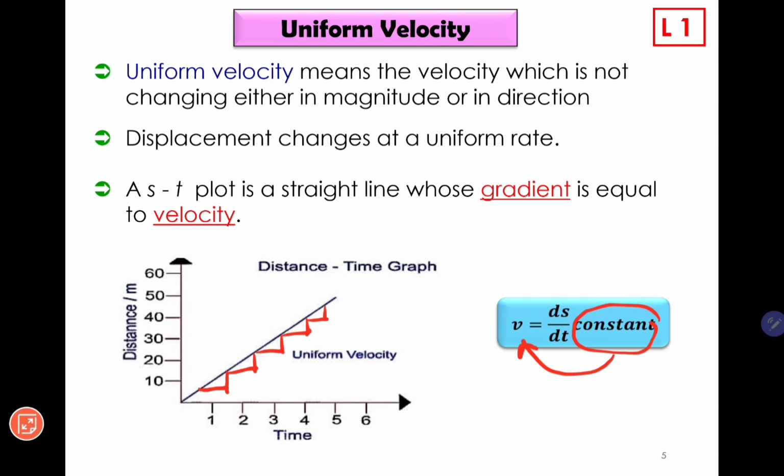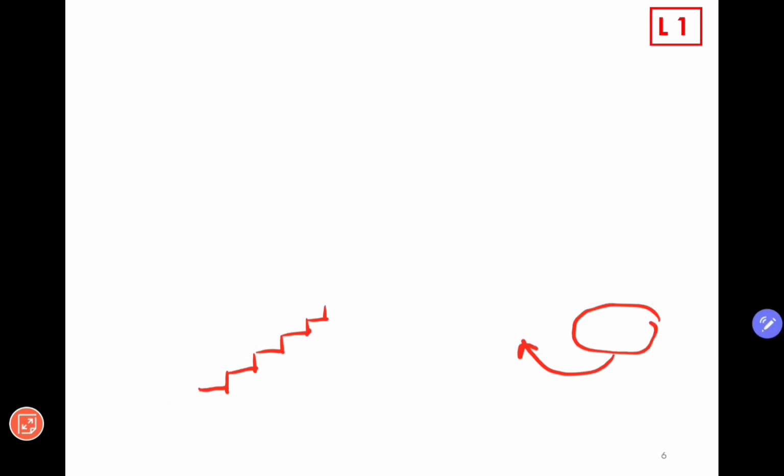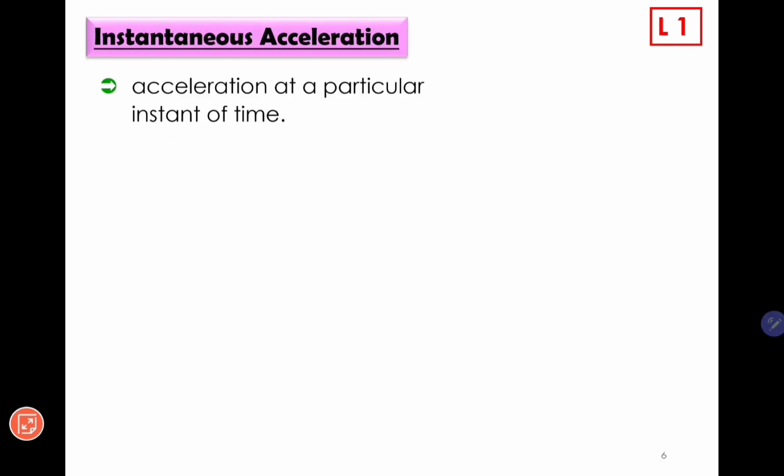Okay, next we just continue by the instantaneous acceleration. Instantaneous acceleration is the acceleration at a particular instant of time. Again, the keyword is at particular instant of time.